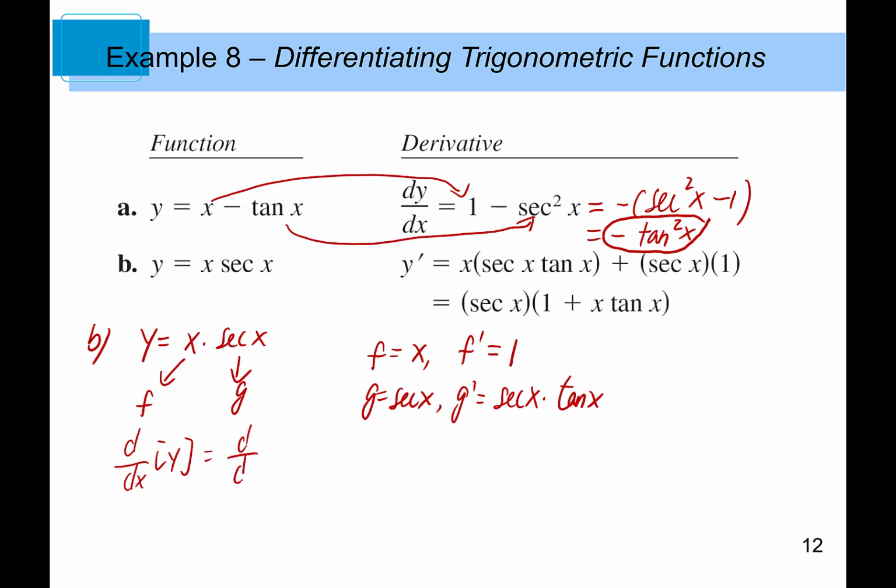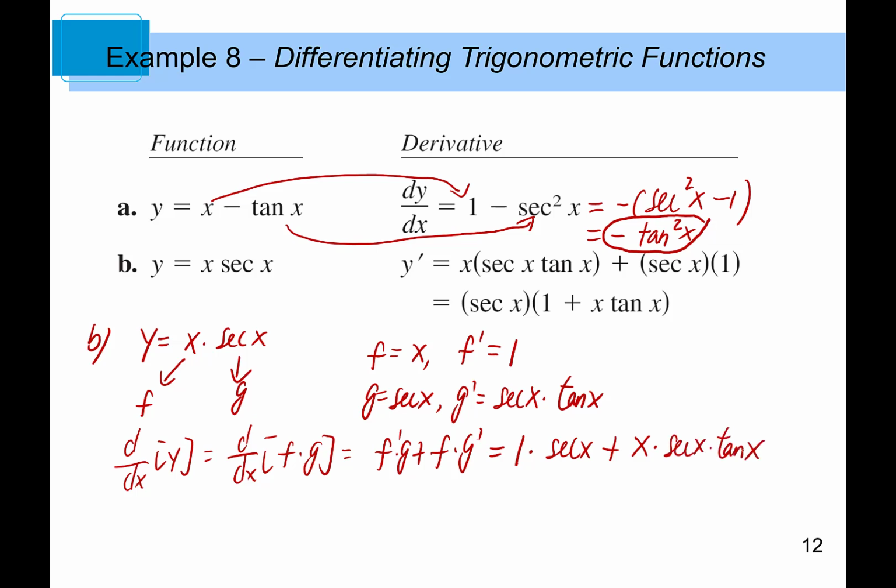This is dy over dx, and this is f times g, so it's f prime g plus f times g prime. f prime is 1 times g, secant x, plus f, which is x, times g prime, which is secant x times tangent x.